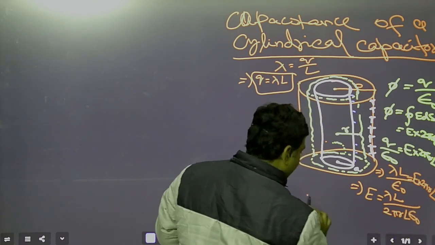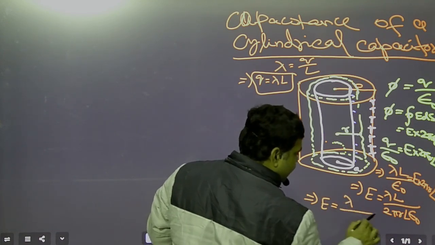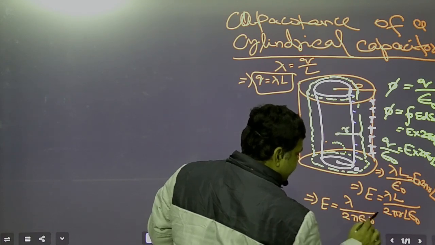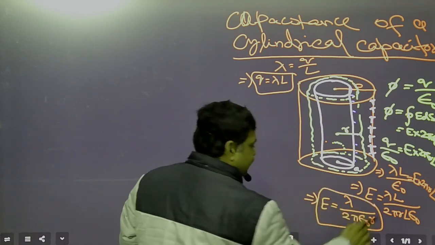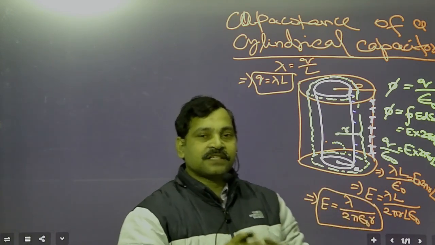L cancels out, so finally we get E is equal to lambda upon 2 pi epsilon naught R. This is the electric field intensity on the Gaussian surface.